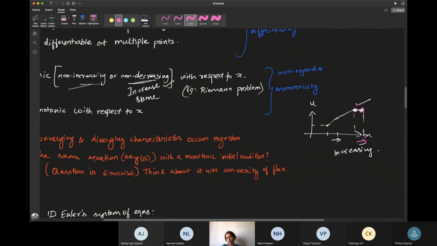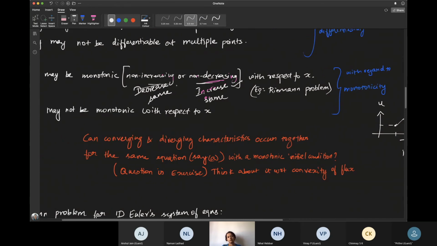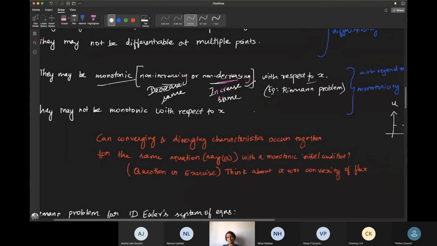When you move in a positive x direction, your function value remains the same. This is allowed, and increase of the function is also allowed. That is a non-decreasing function. For a non-increasing function, decreasing is allowed and remaining the same is allowed. So this is known as a monotonic function with respect to x.